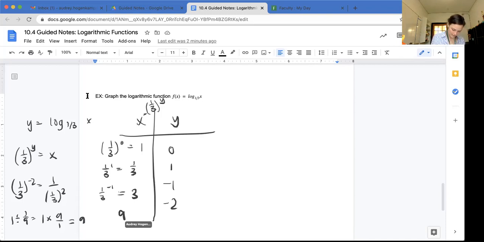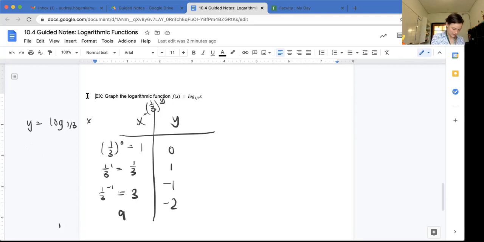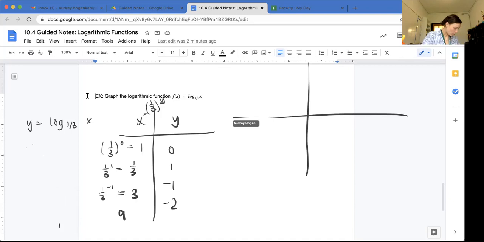So now I have some points, and I can go ahead and draw them on my coordinate plane to graph them. I have a point at x equals 1, y equals 0. That's going to be right here. I have a point at (1/3, 1), so 1/3 on the x and then 1 on the y.